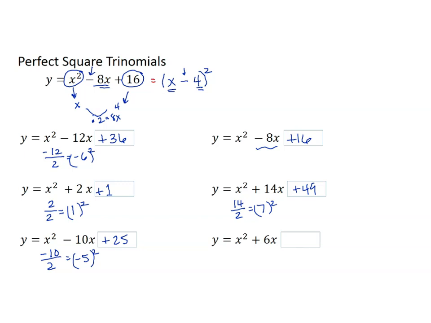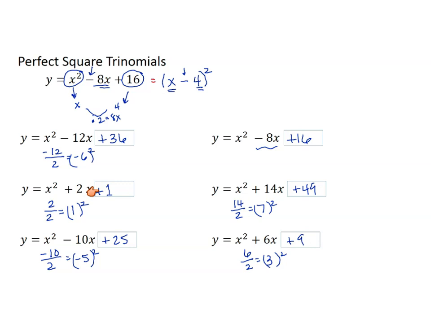Squared will give me 49. And then 6 divided by 2 is 3, and I square that and I get 9. Notice that they're all positive, because whether I'm squaring a negative or a positive, it's going to turn out to be positive.